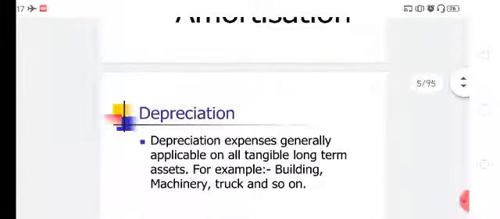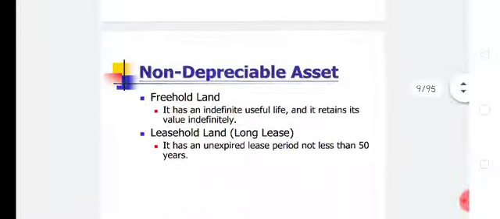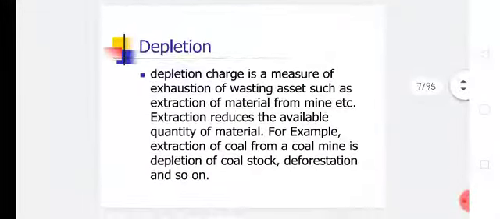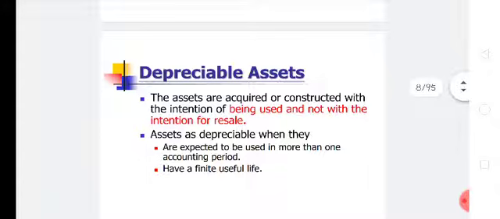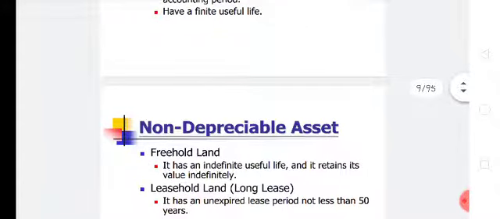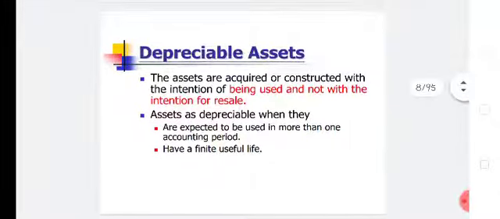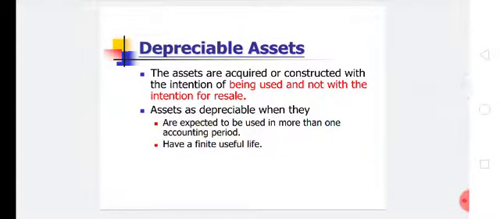Clear? And after that, the next topic: what are the depreciable assets and what are the non-depreciable assets. Firstly, depreciable assets are assets acquired or constructed with the intention of being used and not with the intention of resale.